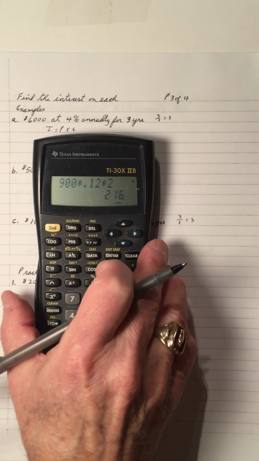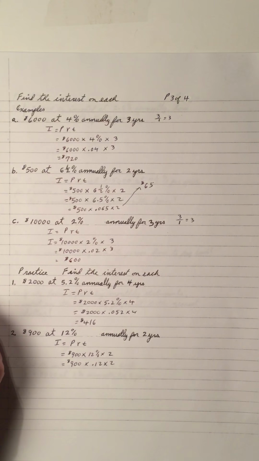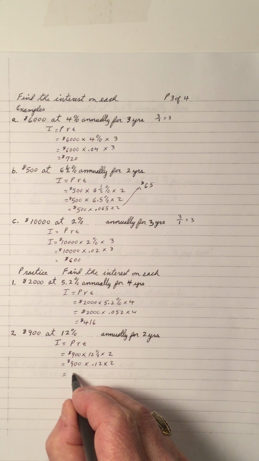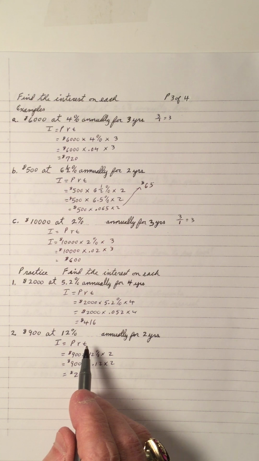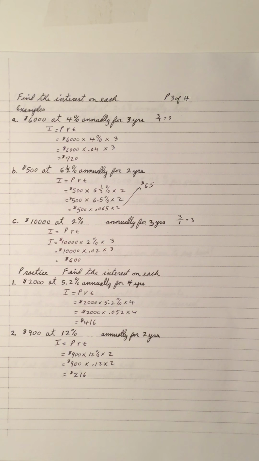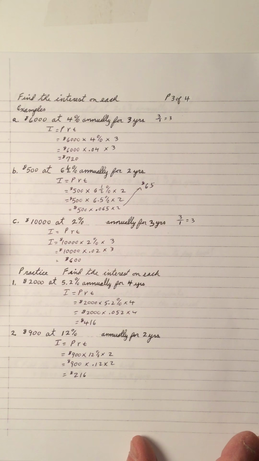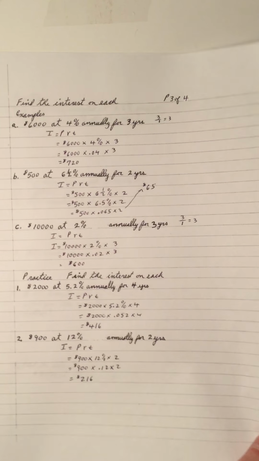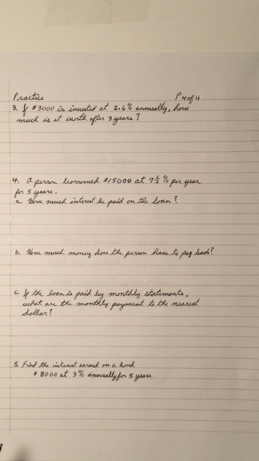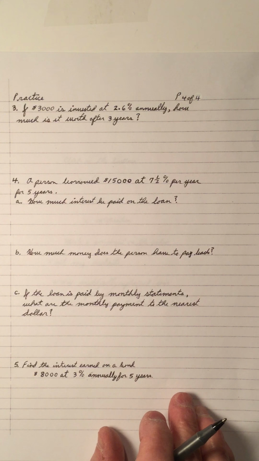And we get $216. $216 in interest for 2 years. So notice, simple interest is easy to calculate. Interest equals principal times rate times time. Now we have some more problems.